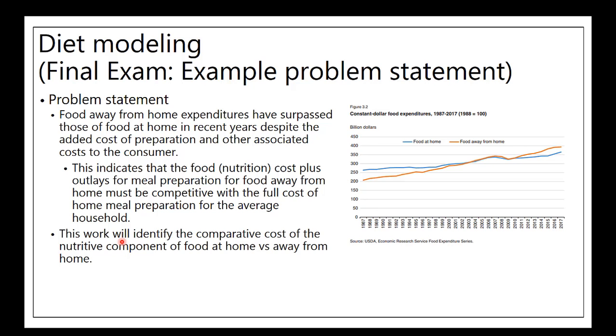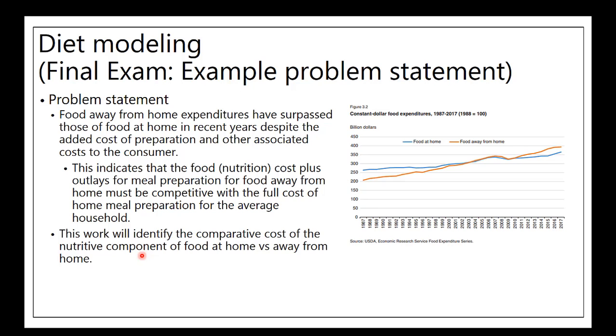If we exclusively model one with food at home and exclusively model the other with food away from home, then the minimum cost difference for those two should give us some kind of benchmark that says what is the added cost of eating away from home, and that would give us a value of the average or representative household's time for meal prep.